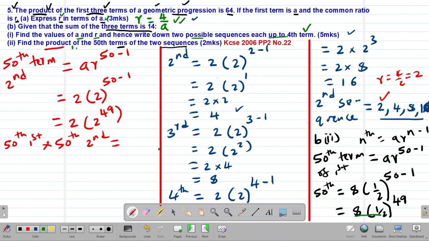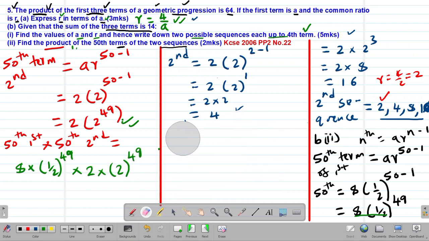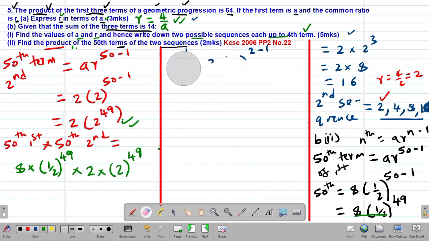It was 8 multiplied by a half to the power of 49. Then we are supposed to multiply with the 50th term of the second sequence, as it is here. So this is 2 multiplied by 2 to the power of 49. So this particular product should give us the product of the 50th terms of the two sequences.